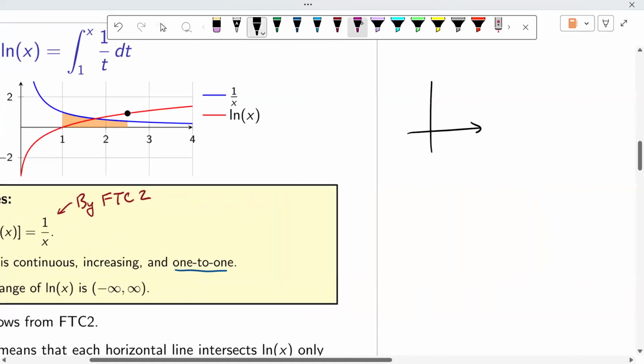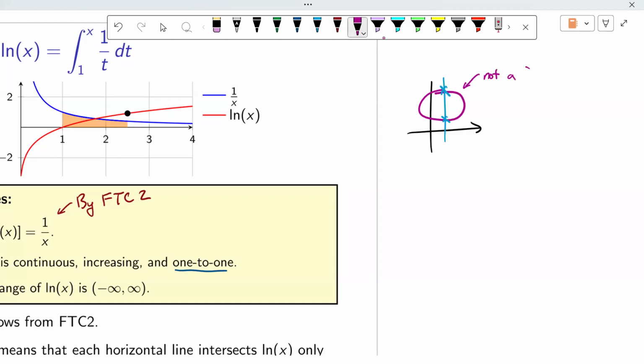I don't know if you remember this really early on in the semester last year, but I'd give you circles and ellipses and ask you, is this the plot of a function? And you would say, no, it's not, because it does not pass the vertical line test. So this is not a function.